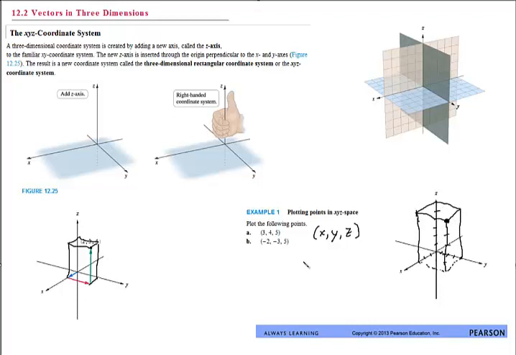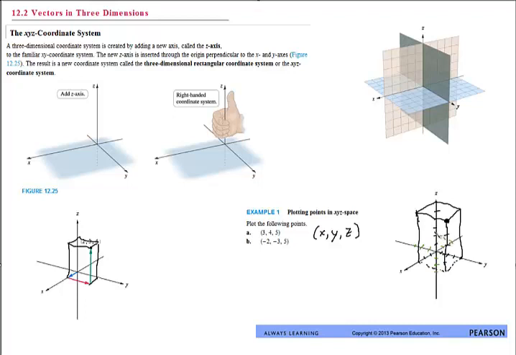So let's do the next one, which is -2. Alright, so I'm going to go -2 in the x direction, and then down 3, 1, 2, 3, sorry about that, -3 in the x, and then to the left, 2, 3, and then we're just going to go up 5.